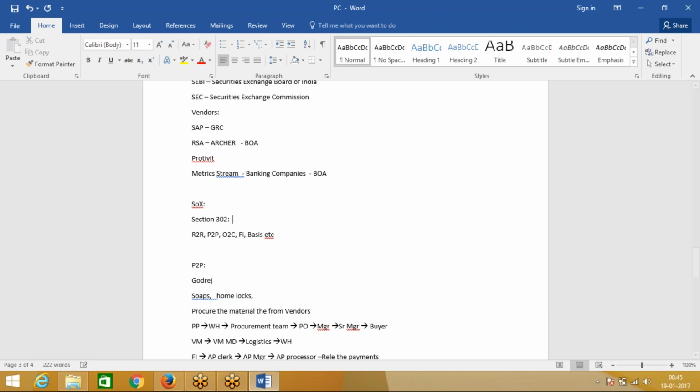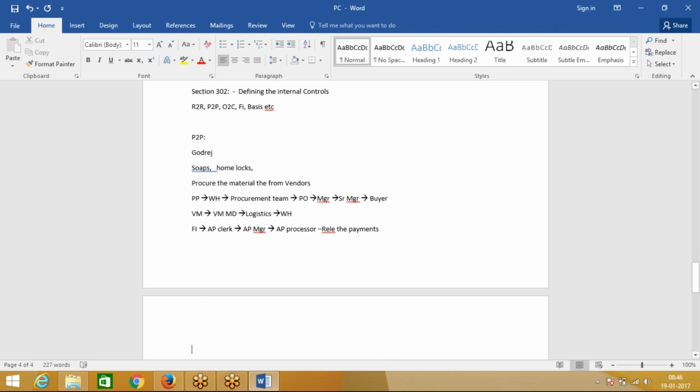Section 302 is mainly talking about defining the internal controls. That is the main thing. So in each area, we have defined the various internal controls.